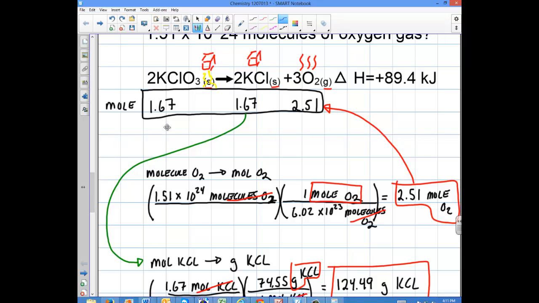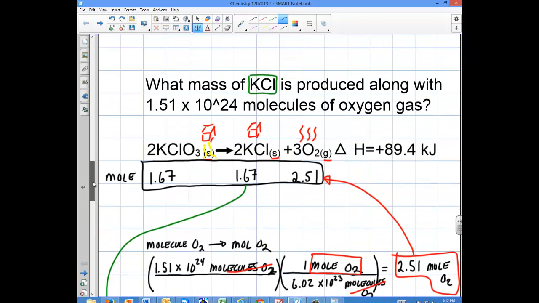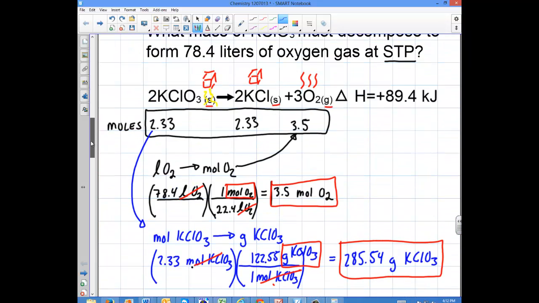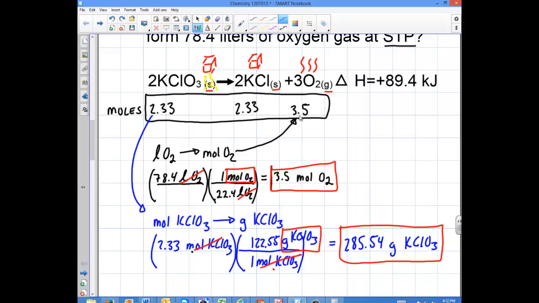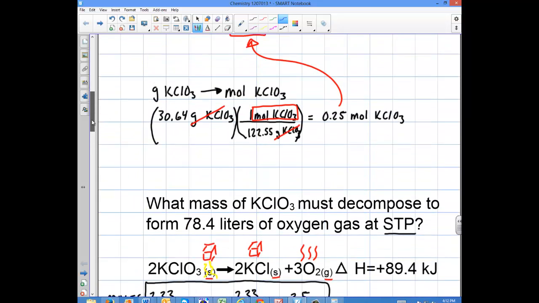Once these problems get more complicated down the road with limiting reagent, or when we get into equilibrium, when we get into these mystery products and reactants, these tables are going to become even more useful. So I strongly recommend that you start to learn the information this way, because as you get further into chemistry, it's going to help you out a lot in terms of making these problems much more simplistic and bite-sized for you to learn.